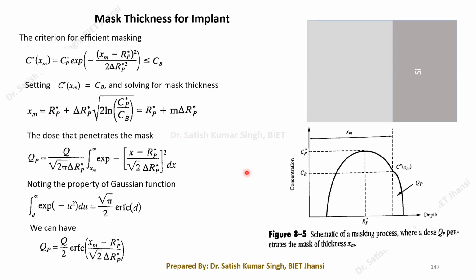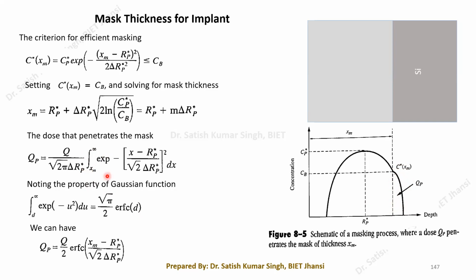Now, if we wish to calculate, let us suppose this amount of impurity has already penetrated into your substrate, what is the total dose that has been incorporated into your target material under the mask, that can be calculated by again doing the integration.